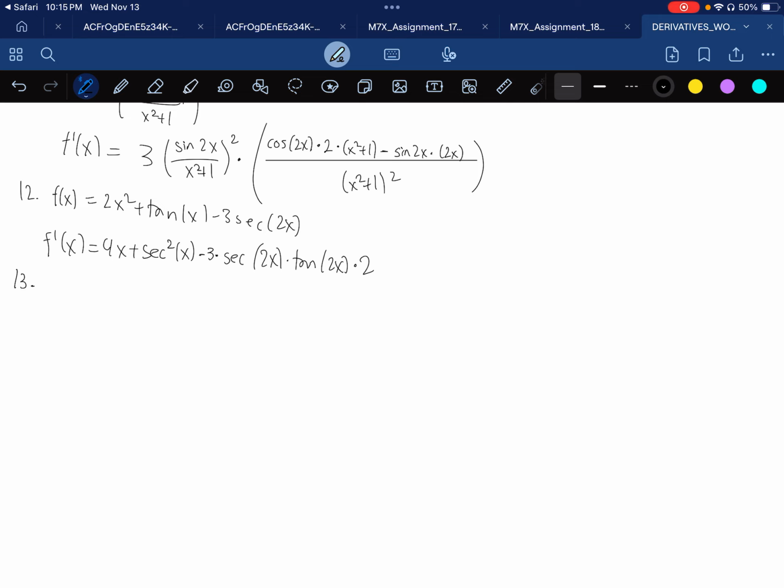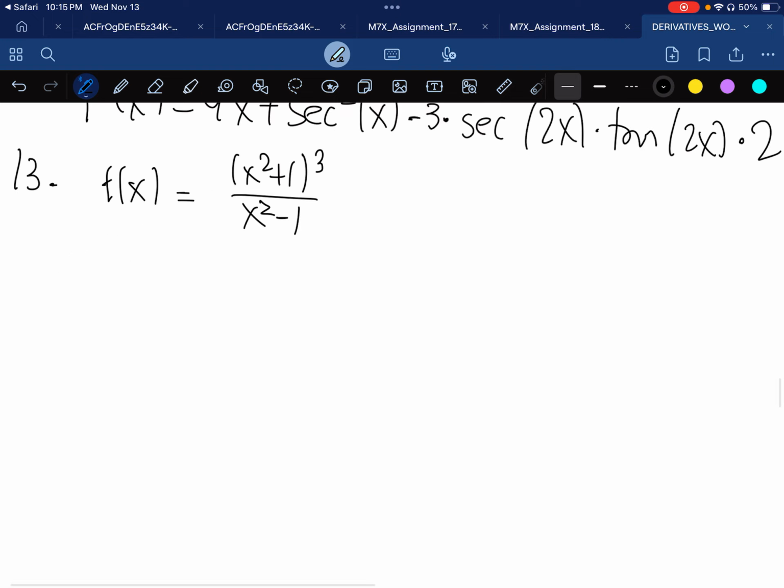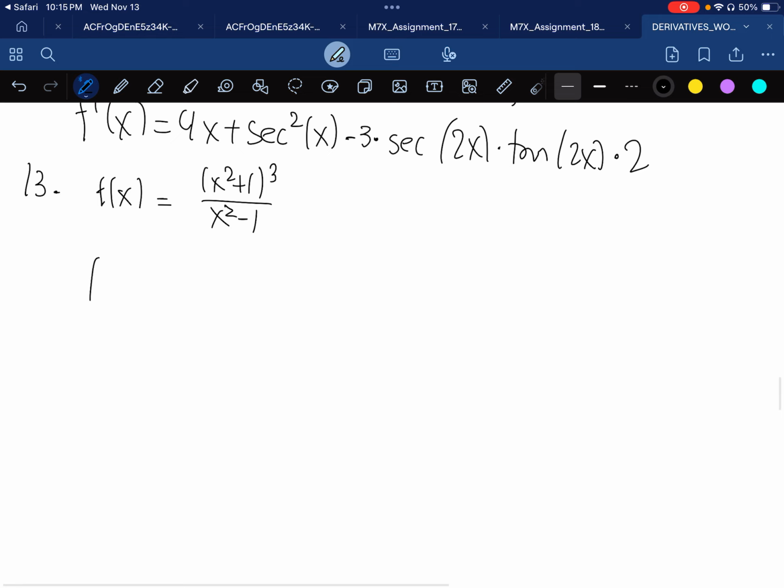So f of x is equal to x squared plus 1 cubed over x squared minus 1. Now we might try to look for a simplification here, but even if we try, we're not going to find one, so we're just going to apply the quotient rule. The derivative of the numerator is just power rule, bring down the exponent, right, and subtract the exponent by 1.